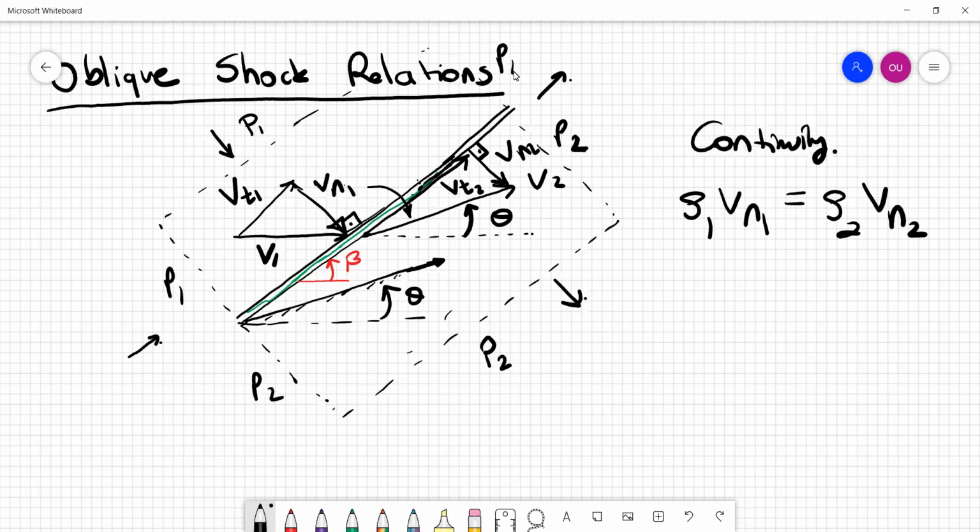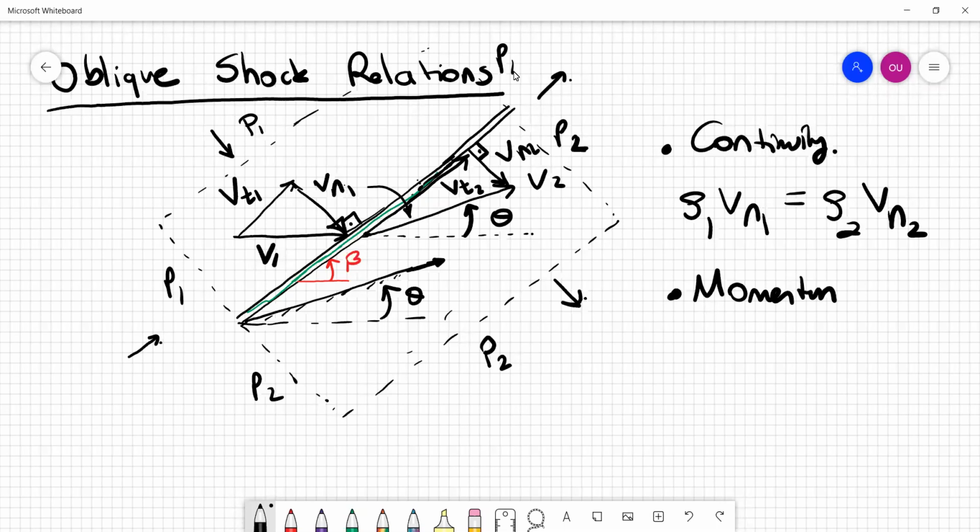Now, regarding momentum conservation, as I said, the main momentum change, what is momentum change? When the flow crosses or moves across a shock wave, it feels sudden deceleration, a reduction in velocity, so a sudden reduction in momentum.